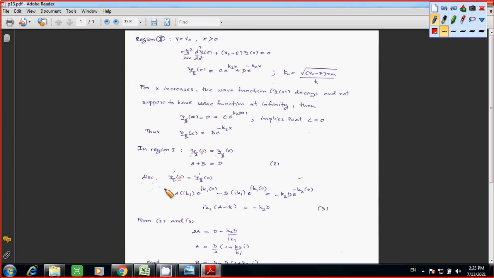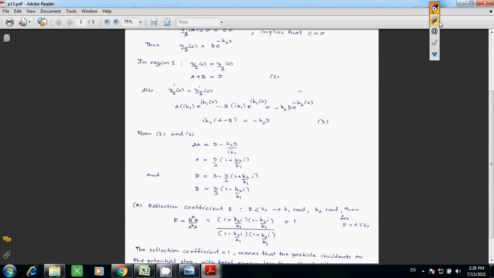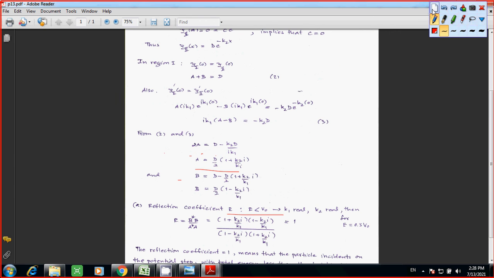That's the second boundary condition. And you can work this out. You end up with equation number 2 and equation number 3. From both equations 2 and 3, you can write B in terms of D, as this expression, and your A in terms of D.